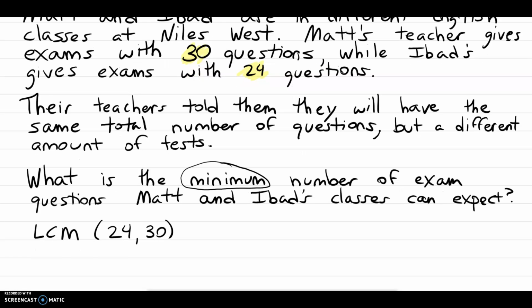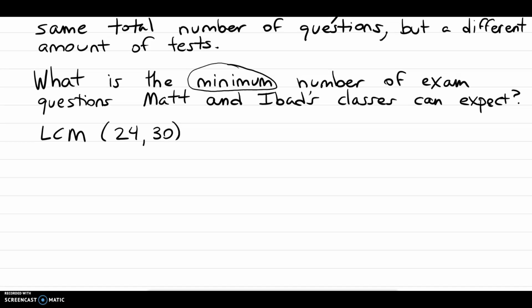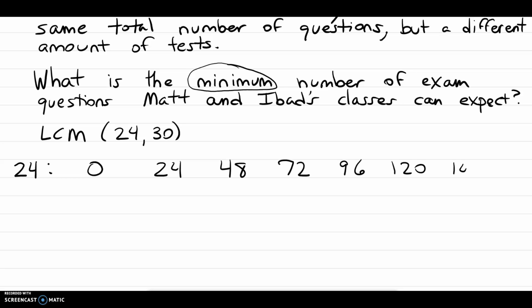So when we're looking at calculating LCM, remember least common multiple is when you just list the multiples of each number. So the multiples of 24 are 0, 24, 48, 72, 96, 120, 144, and so on.